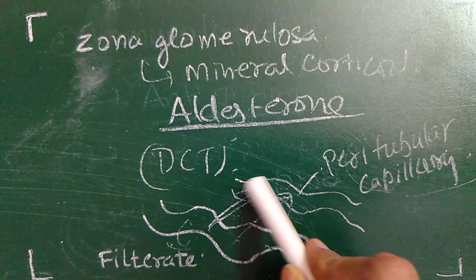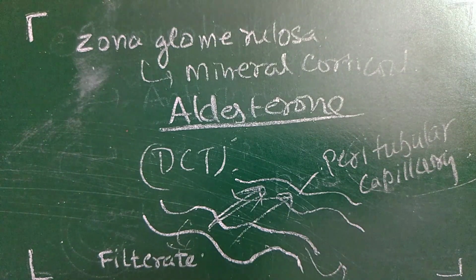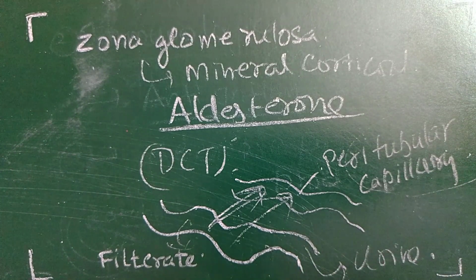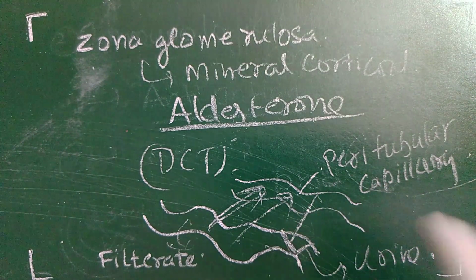Water is also shifted toward this side and concentrated urine is produced. That is all the role of aldosterone. And potassium is shifted from this side to this side.